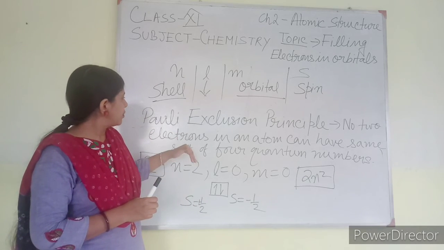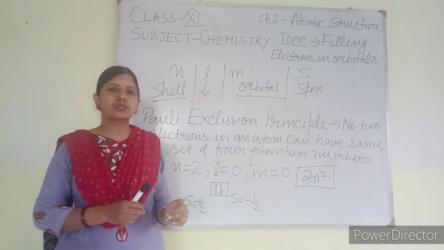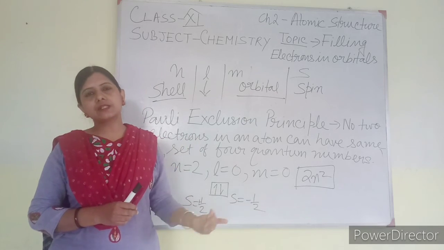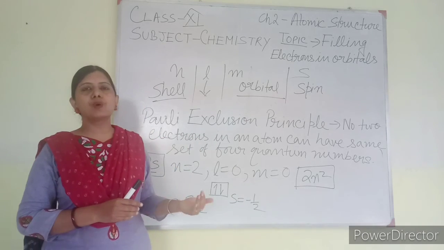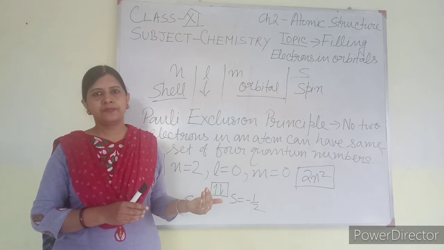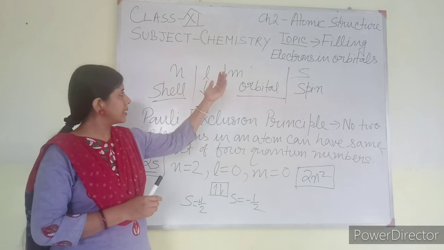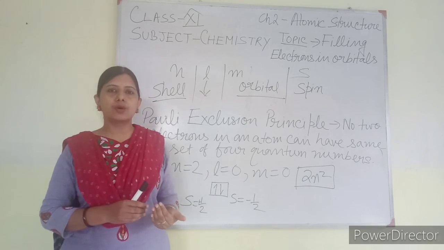Today I have only explained Pauli's exclusion principle. In my next video I will explain Aufbau's principle and Hund's rule. That is also necessary for filling the electrons in an orbital.